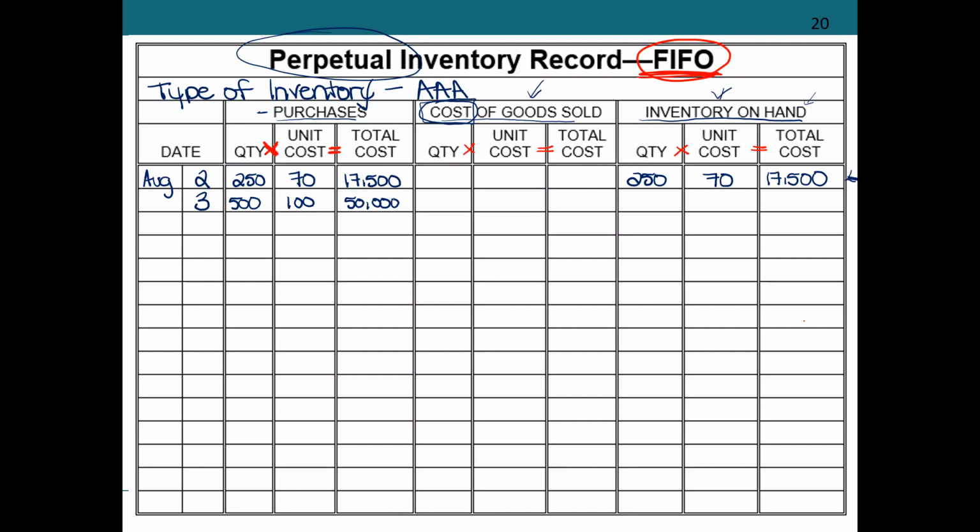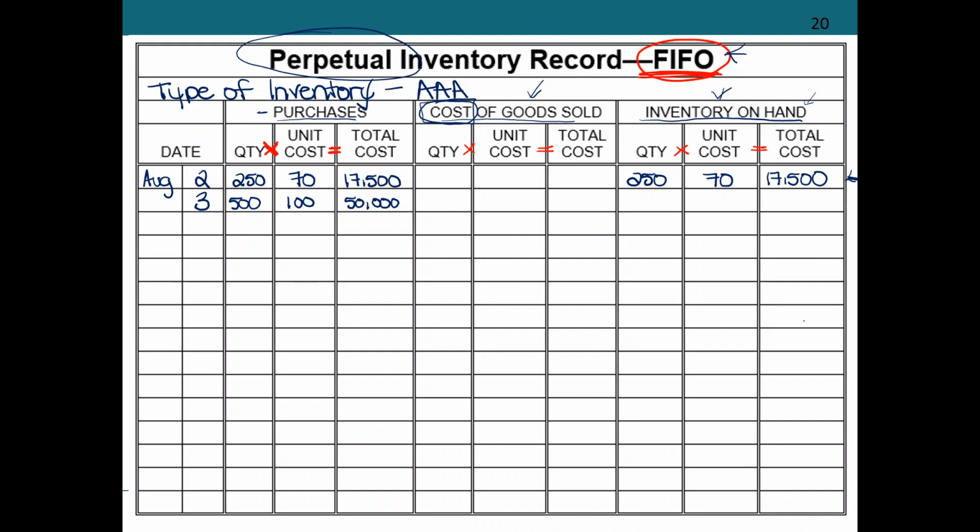And again, we need to update our inventory on hand. But here's where you look at each transaction separately. So we want to track now the inventory on hand in 2 separate lines, because we're using the FIFO, so that means first in, first out.